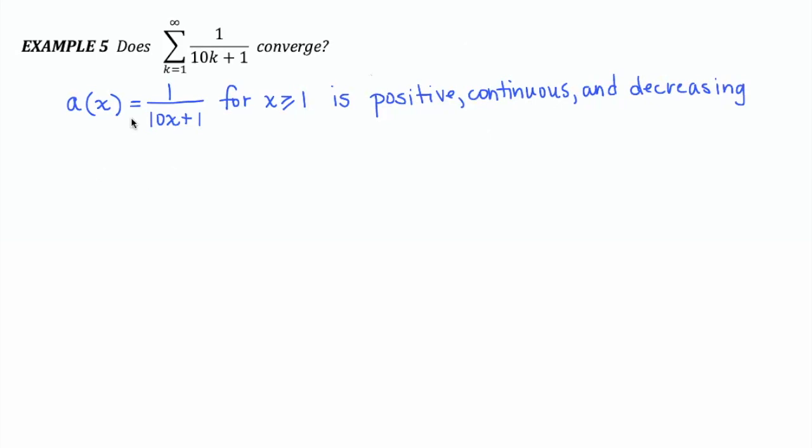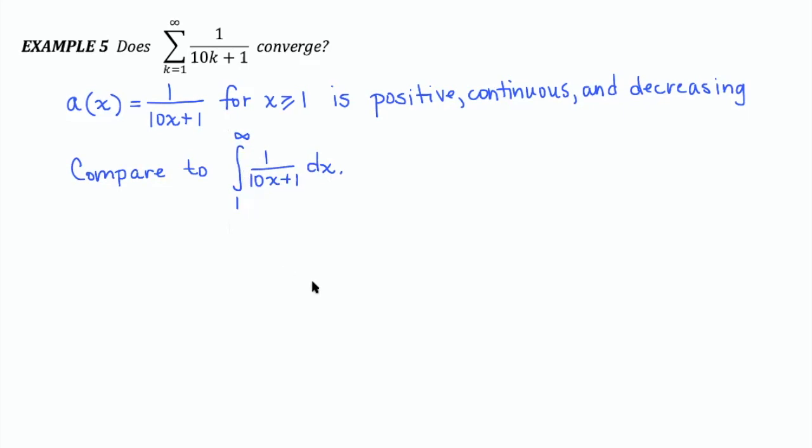So now the integral test says we're going to compare the series that we're interested in to the integral from 1 to infinity of our function a of x, which is 1 over 10x plus 1 dx. This is an improper integral because the upper limit is infinity, and we know how to evaluate improper integrals.